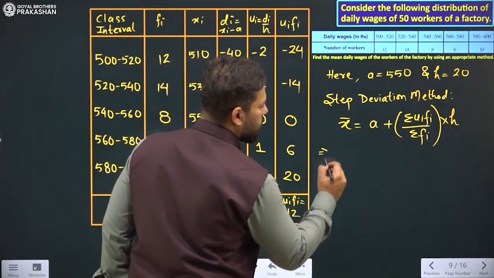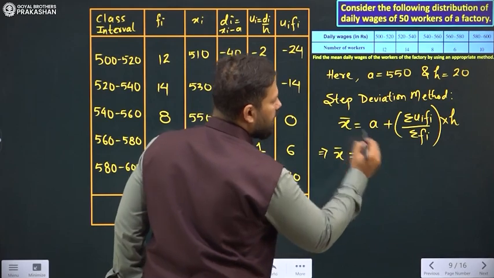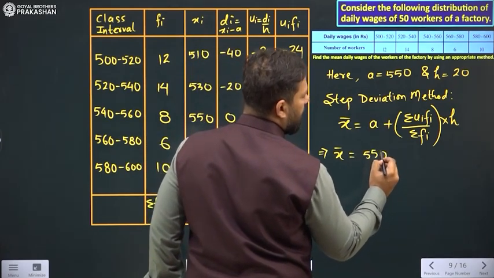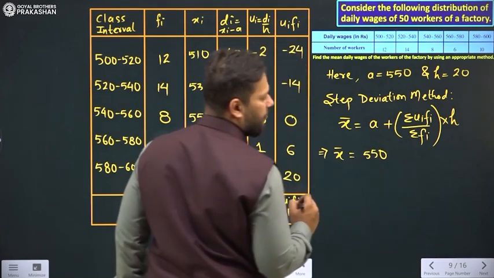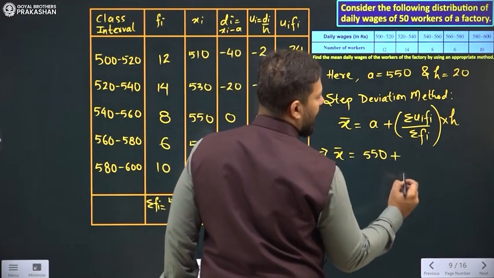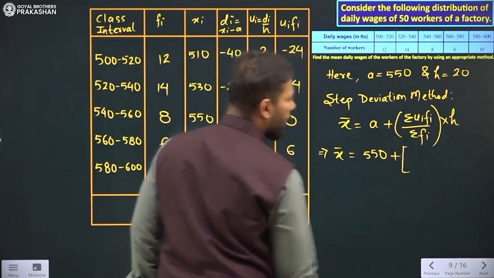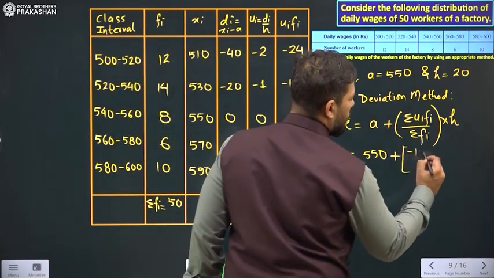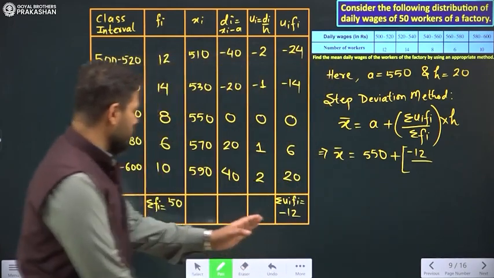Let us substitute the values. So in place of A, we will write 550, as we know that we have taken the assumed mean as 550. Now this must be added with what? What is summation of UiFi? It is minus 12 upon what is summation of Fi?